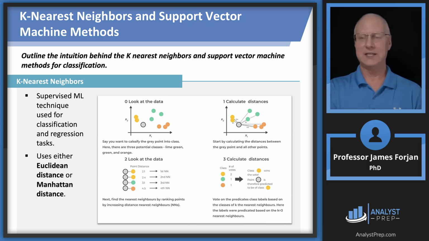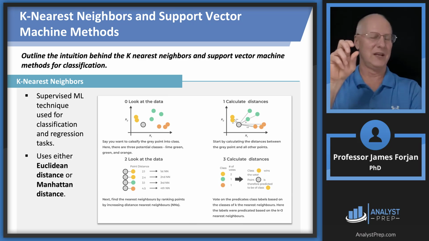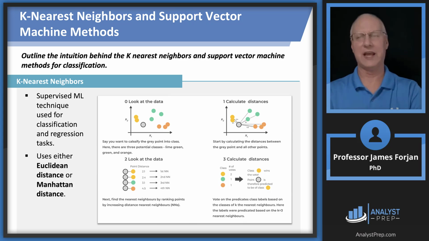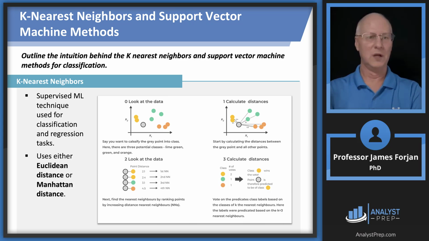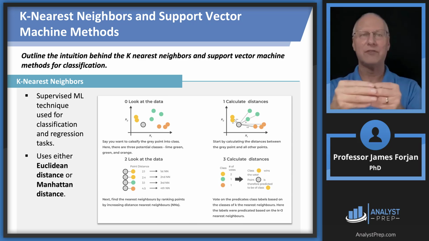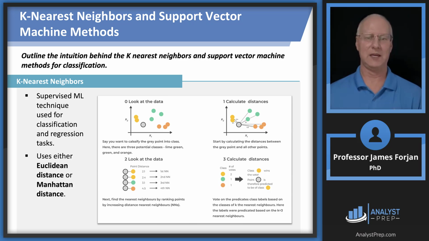In our example, a dividend-paying firm. What does that dividend-paying firm look like? Does it have lots and lots of net income? Does it have lots and lots of free cash flow growth? Does it have a low debt equity ratio? Does it have a majority independent board of directors? So you classify it based on its K nearest neighbors.